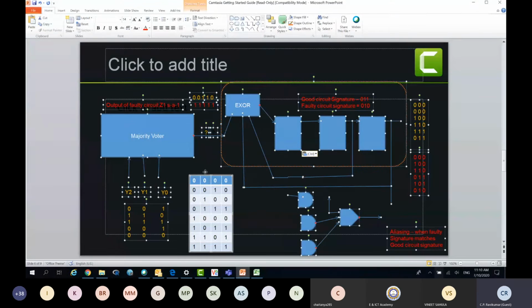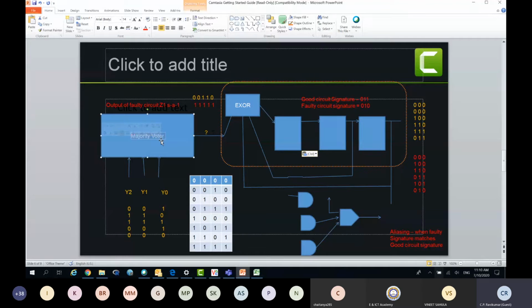See, instead of majority voter, suppose it was some other circuit. Let us say 2 outputs, maybe it's a half adder. Sorry, the full adder will have 2 outputs.